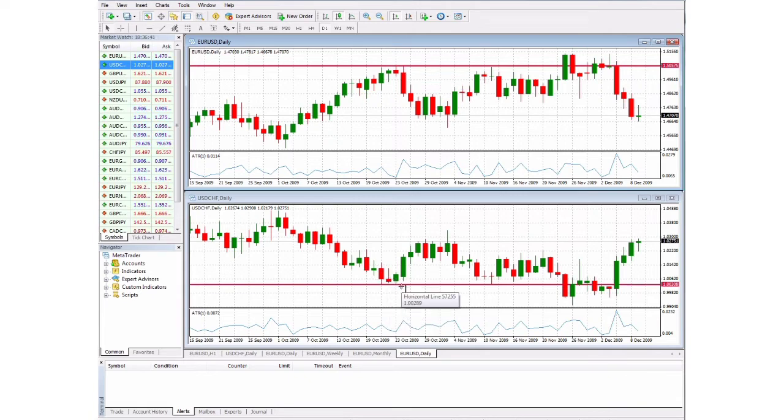And looking at these types of prices and levels gives you a lot of insight into things which may happen at some point in time in the future.